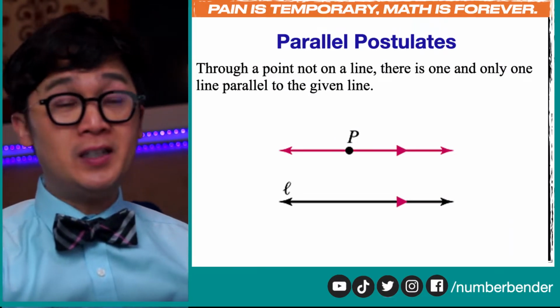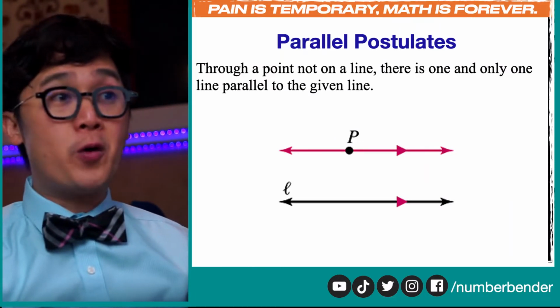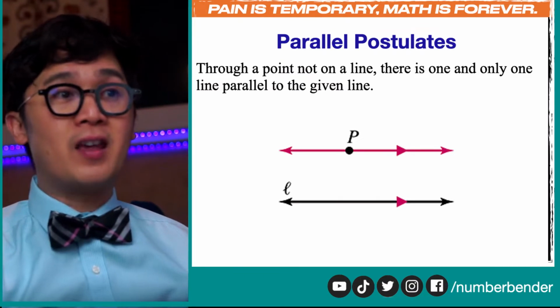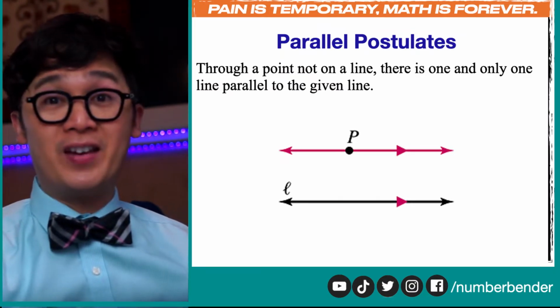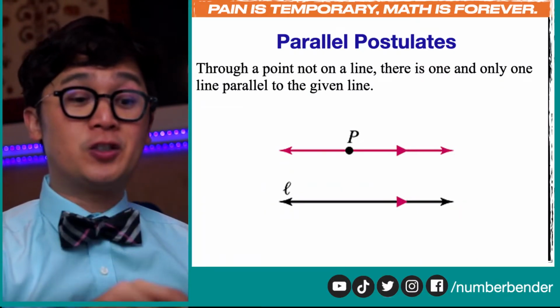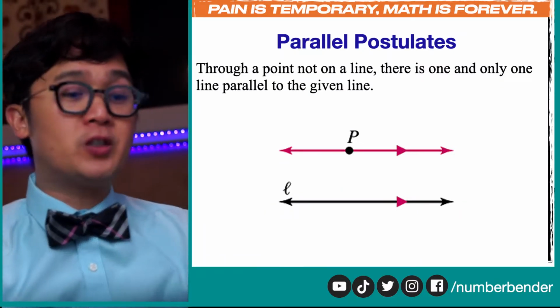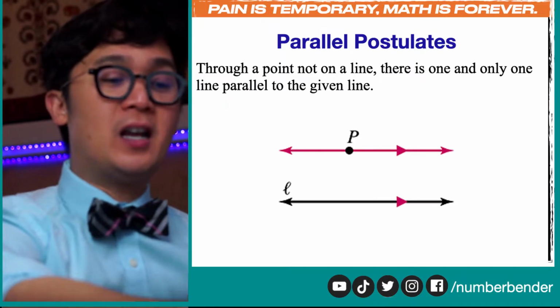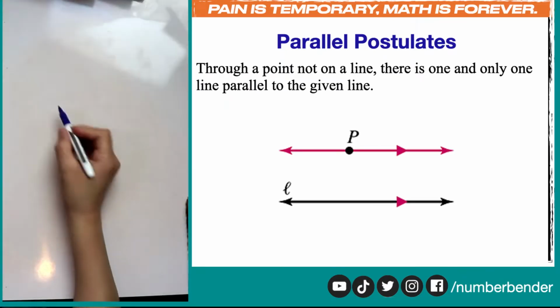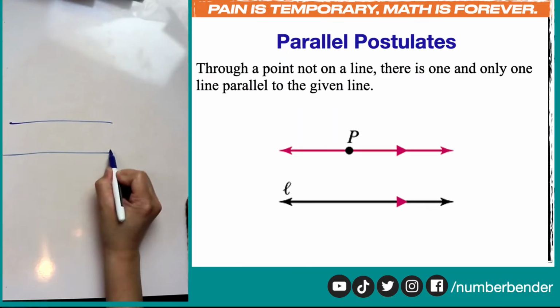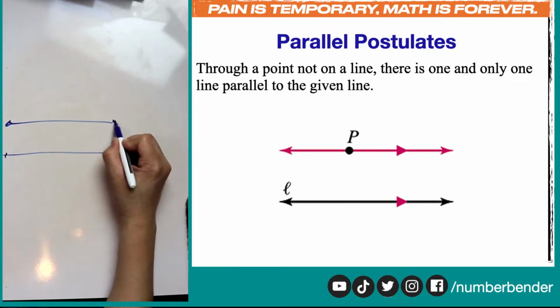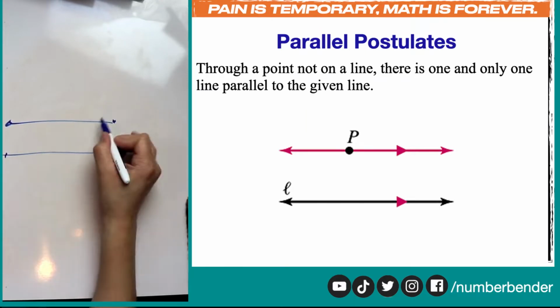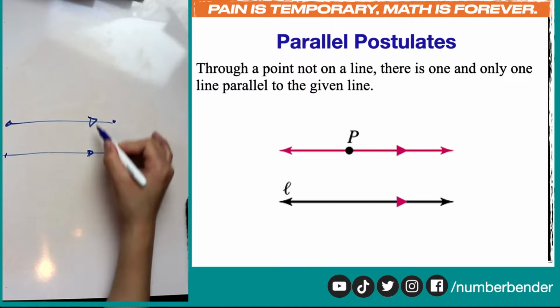This postulate says that through a point not on a line, there is one and only one line parallel to that given line. And this is the illustration for the parallel postulate, which is a lot easier to understand if we have a visual. So let's say we have two parallel lines, and this is line L that is parallel to this line right here.